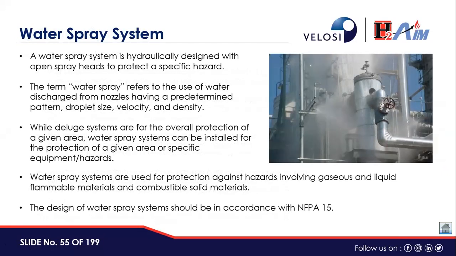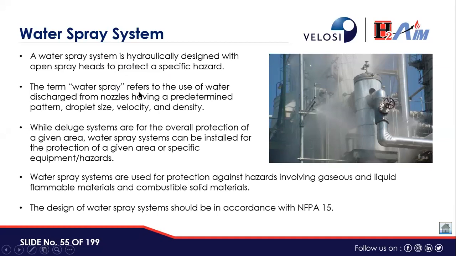So water spray system and sprinkler system have little difference. Only the sprinklers are more organized sprayers, and they are rotating and fed by the nozzle. But if the water is sprayed through a nozzle, that's called a water spray system. A water spray system is hydraulically designed with open spray heads to protect a specified hazard.